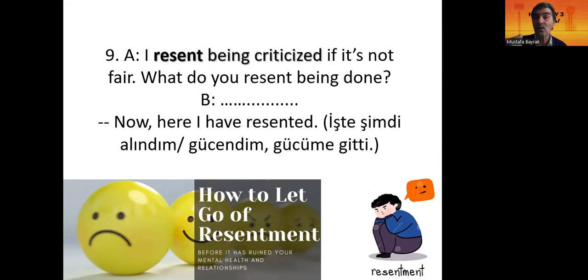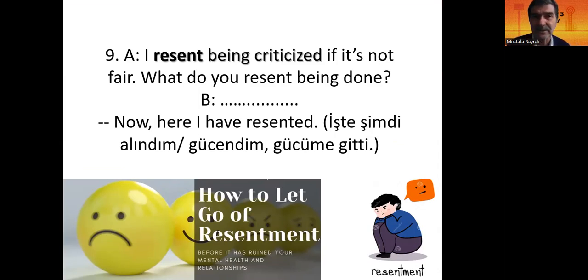For example, for hearing something negative. Feeling sorry for hearing something negative. So it's kind of being hurt, being injured, okay?